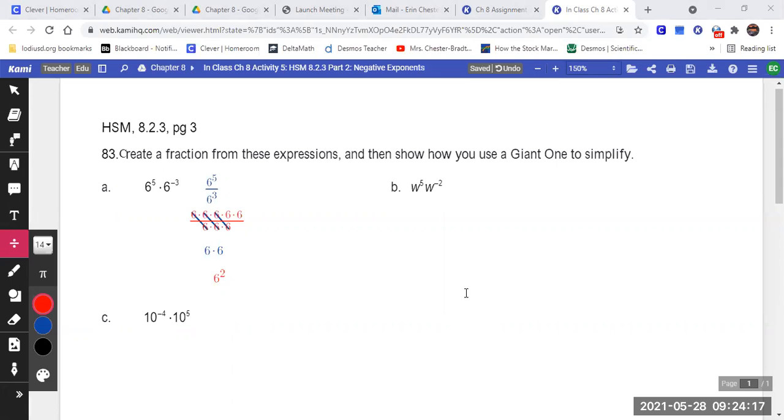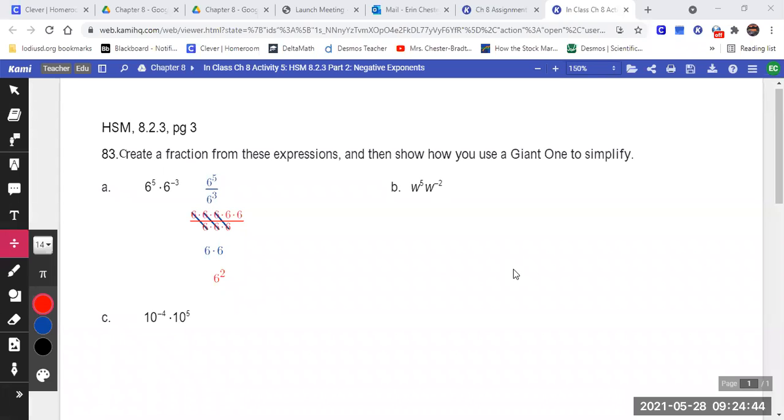So step 1, rewrite it as a fraction. Which piece moves? Whenever we're looking at numbers and we're looking at exponents, which kind of exponents move? Positives or negatives? Negatives.